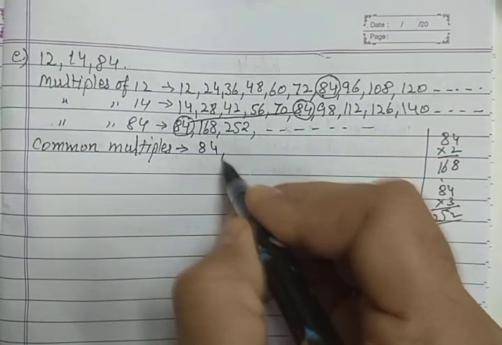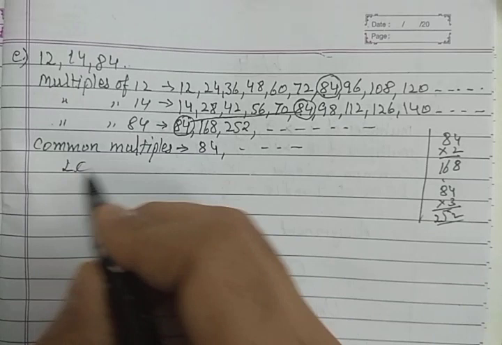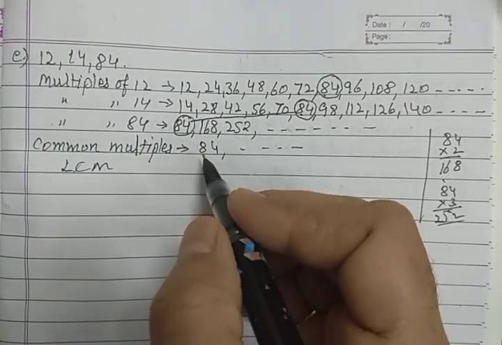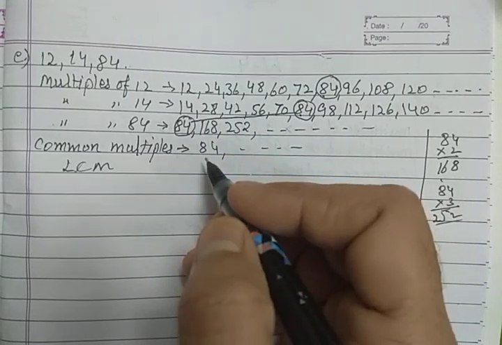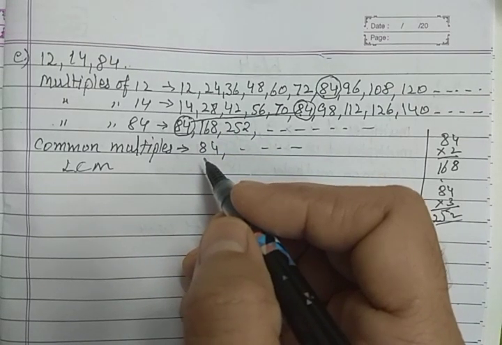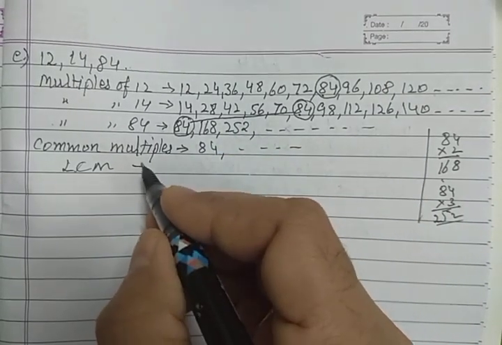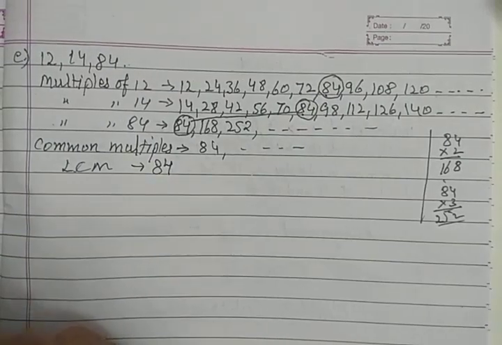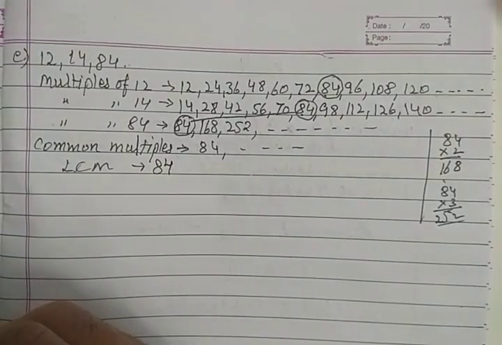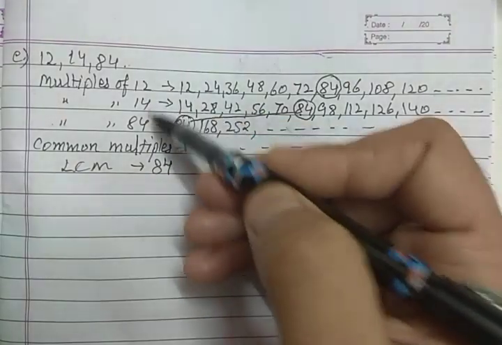If we get the first multiple, then this is the least common or the lowest common multiple. So there we have the answer, that is 84. So 84 is the lowest common multiple of these three numbers, 12, 14 and 84.